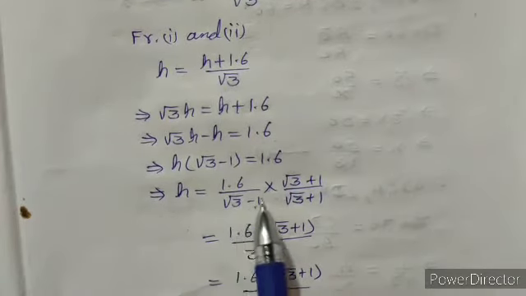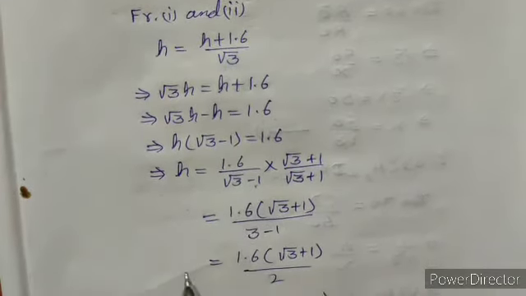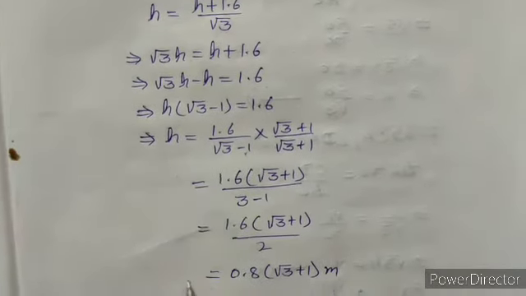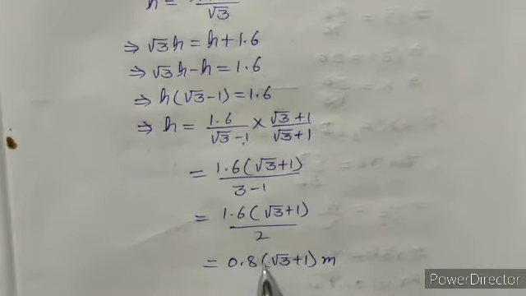On rationalizing, we will get the value of h as 0.8 into root 3 plus 1 meter, which is the height of the pedestal.